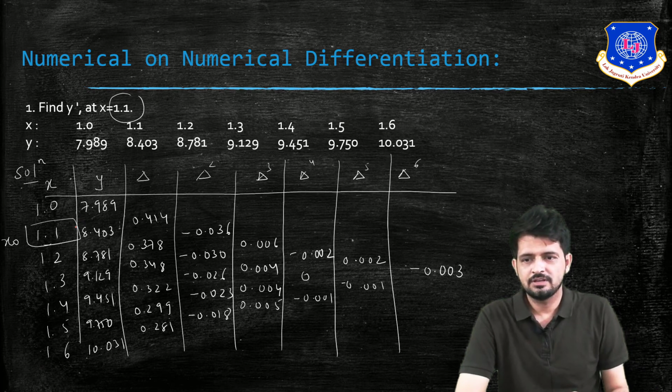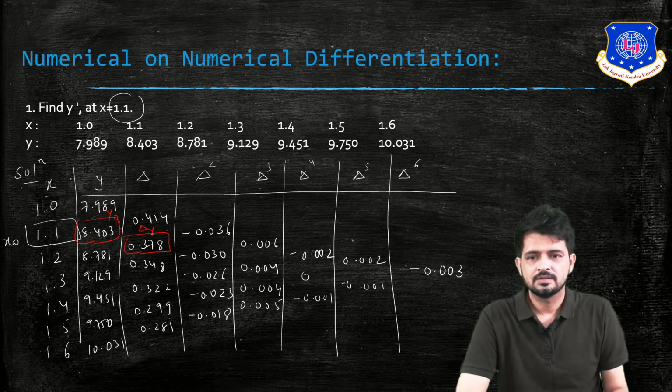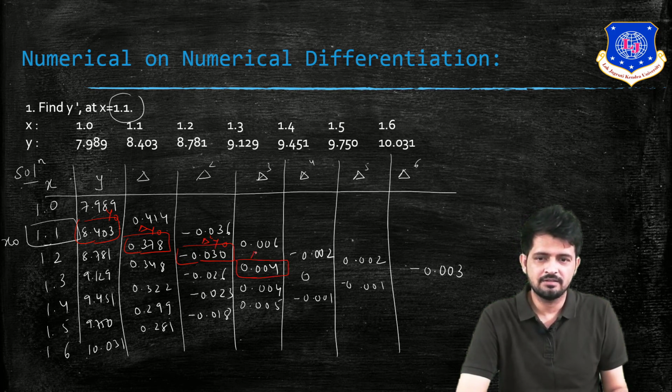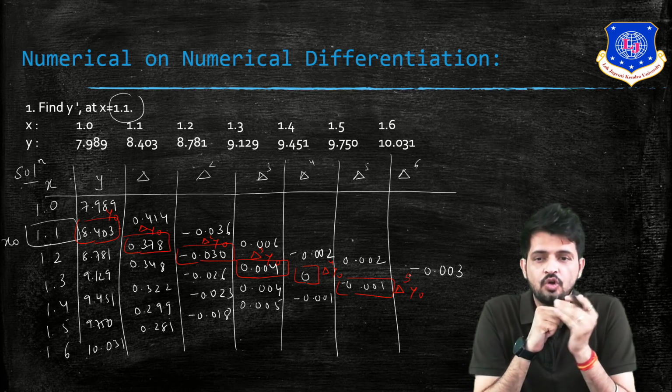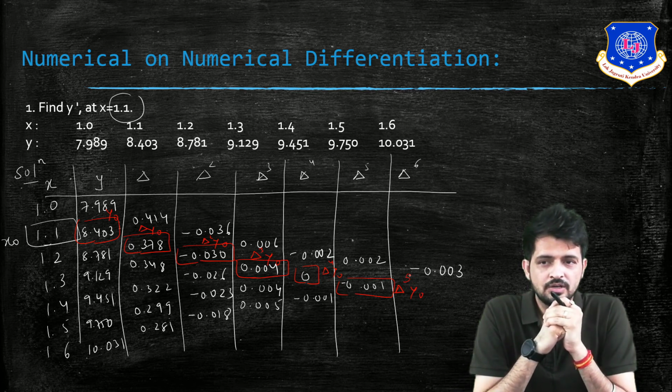So this will be my y0. We have to take the second value, right? This will be my del y0, del square y0. See, you have to take the second value of the table, right? Del cube y0, then again del raised to 4 y0 and del raised to 5 y0. And then you have to place all of these values in the formula to find the answer.